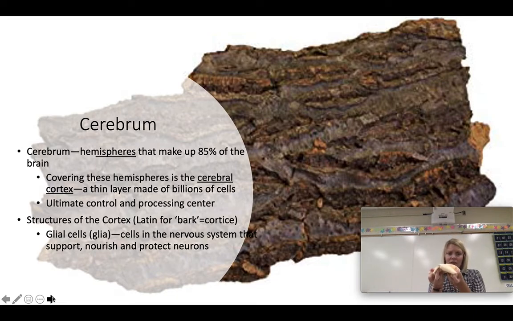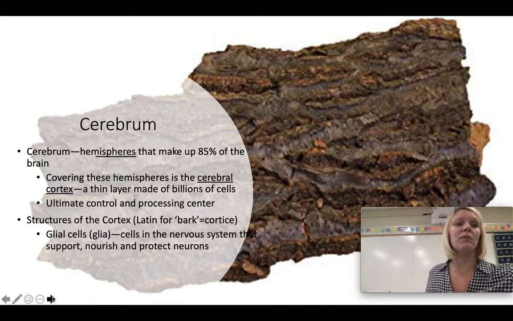So within this cortex, it's made up of these glial cells. And remember when we talked about glial cells before, those are those kind of fatty cells that support the axon. And so the cerebral cortex is made up of these billions and billions of cells that really support and make the cortex.